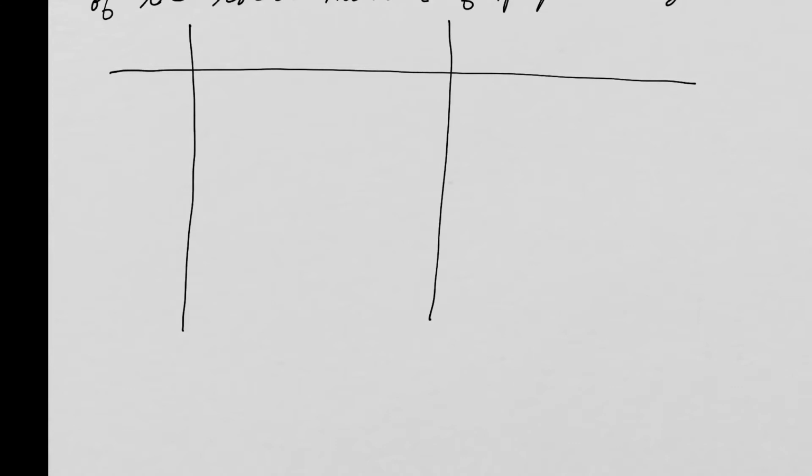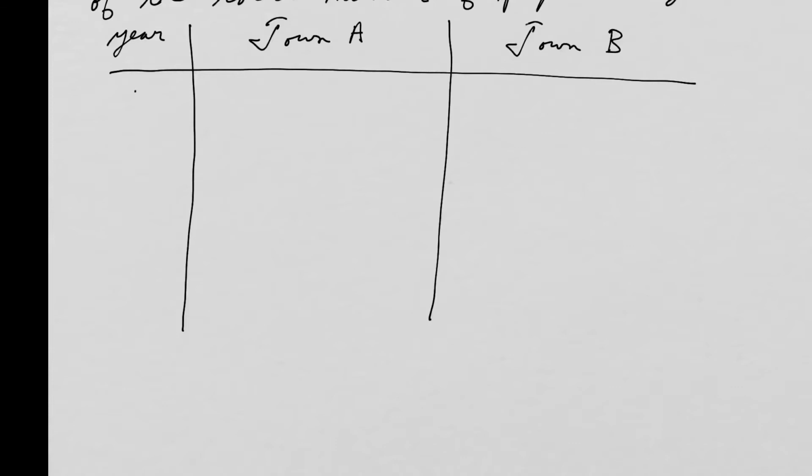The first column will just be the year, the second column will be the population of town A, and the population of town B will be the last column.